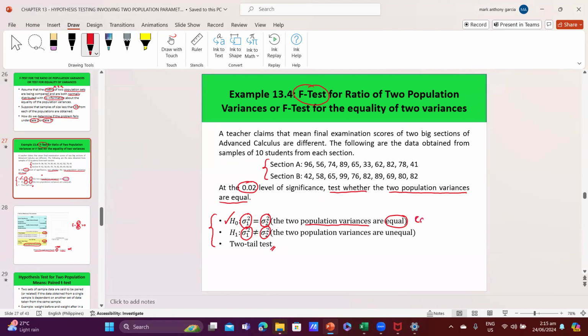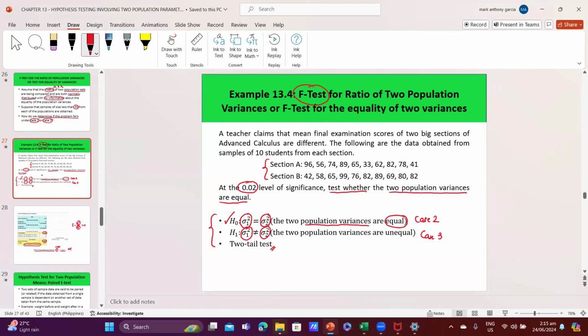If they are equal, then we use case 2 if we are comparing the means or the averages of the two populations. But if our conclusion is unequal, then we have to use case number 3, or the separate variance test.